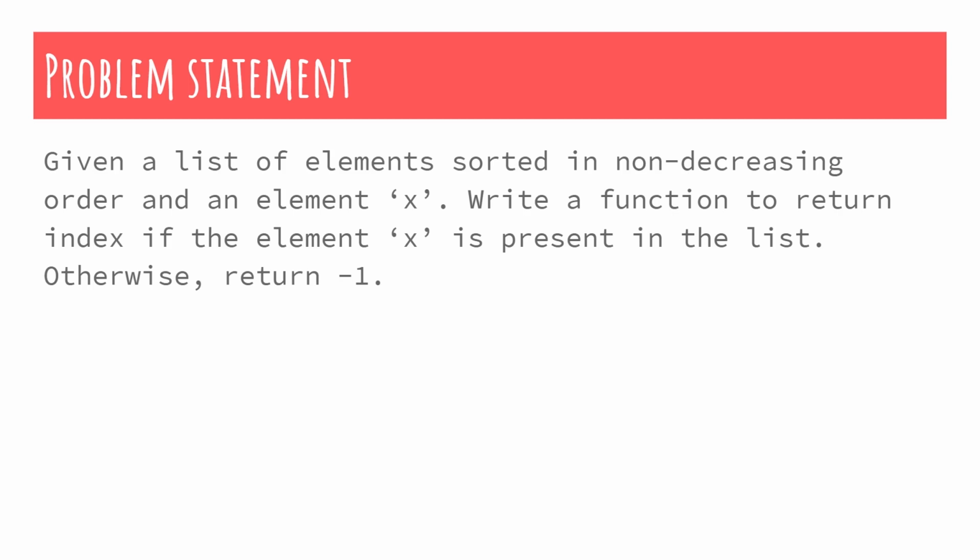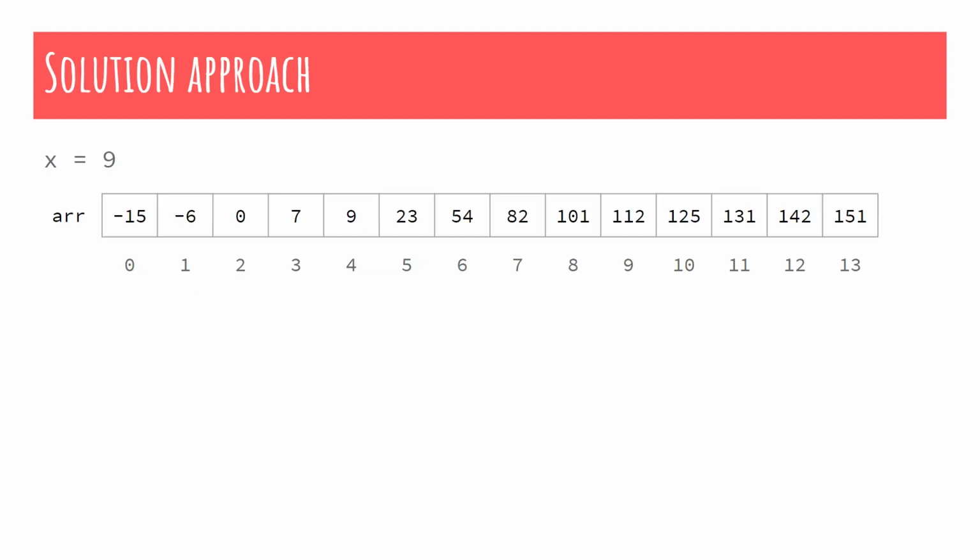Say, for example, the element we are supposed to find is 9 and this is our given input array: -15, -6, 0, 7, 9, 23, 54, 82, 101, 112, 125, 131, 142 and 151. Here, as you can see, the array is already sorted in ascending order.